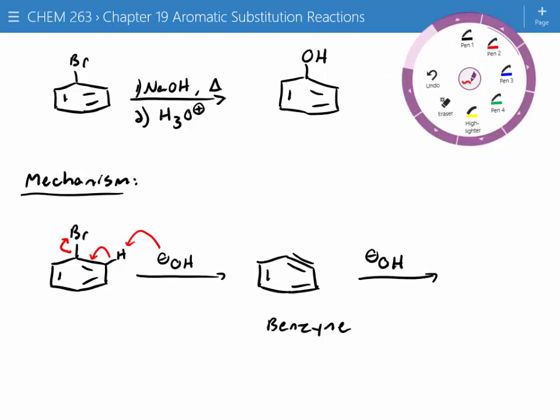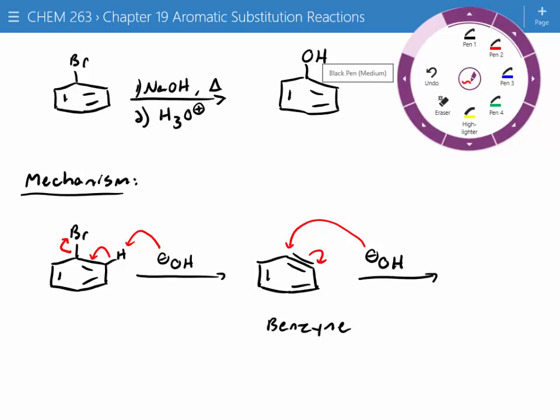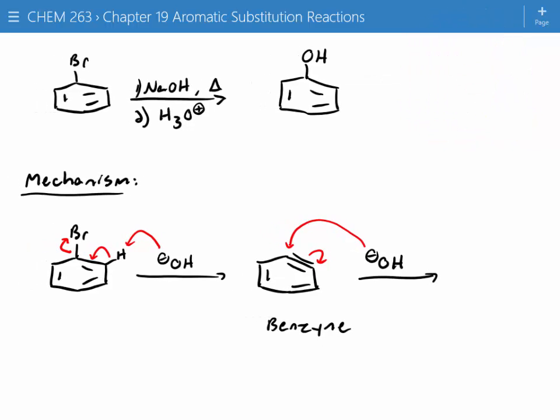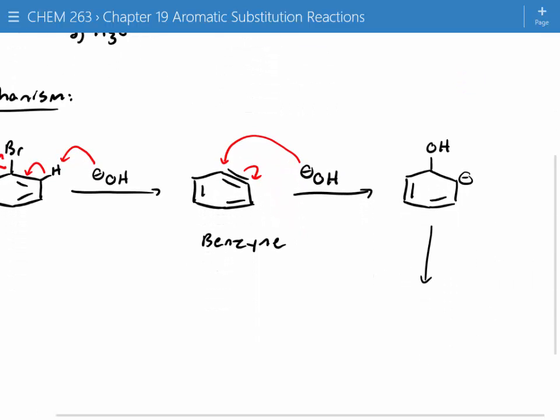where the hydroxide will add in very, very quickly to benzyne and dump electrons back onto the adjacent position. And then all you need is some sort of weak acid around.